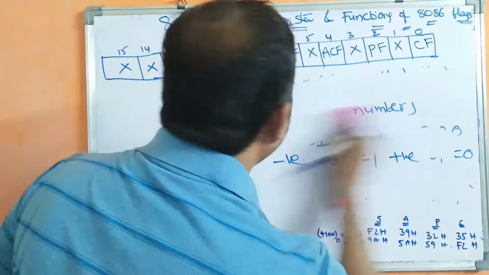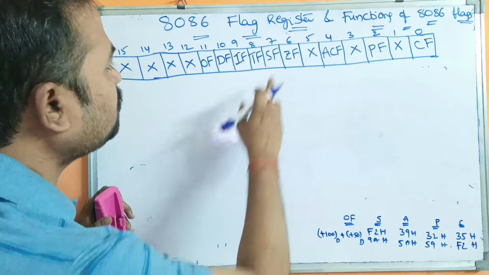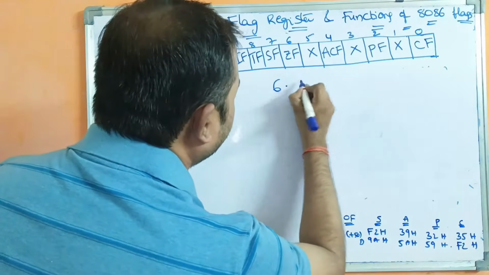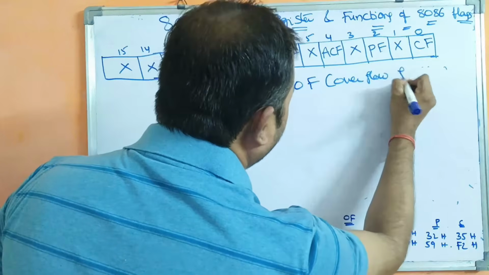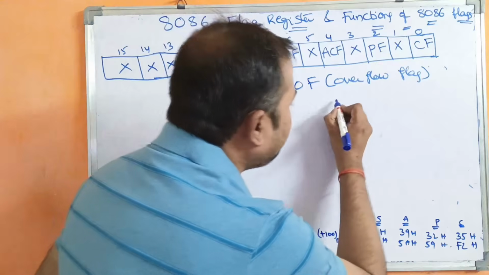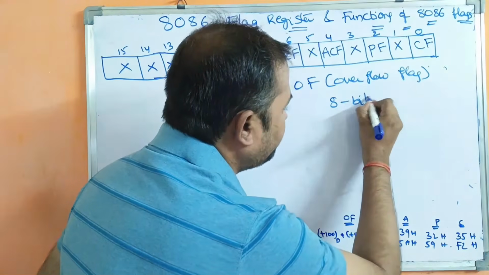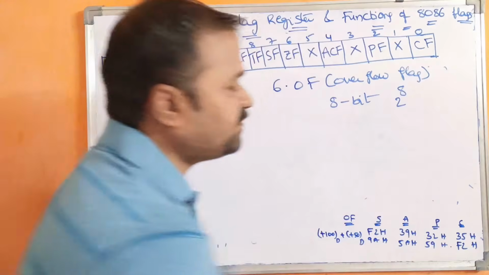Let us see the last one. What is the last conditional code flag? That is the overflow flag. So OF stands for overflow flag. Let us take an 8-bit number. If it is an 8-bit number, then in total we can store 2 power 8 numbers.